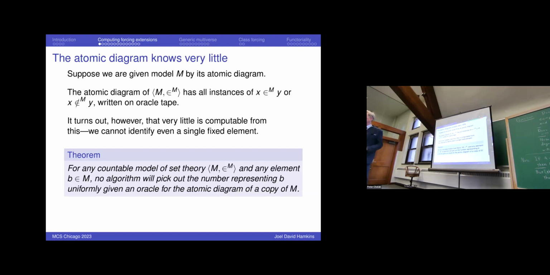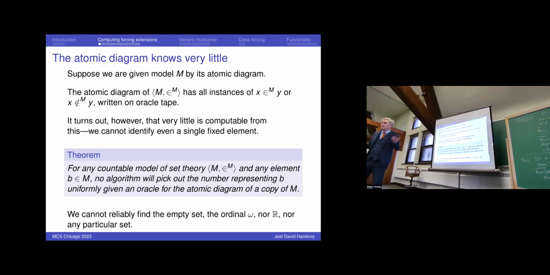You cannot recognize the empty set from the atomic diagram, because maybe it looks like it's empty so far, it doesn't have any elements yet. But I could rearrange the coding so that the set you said was coding the empty set actually wasn't, by putting some elements into it and then extending that to a code of the whole universe. So we cannot reliably find the empty set or omega or the reals or any particular set.